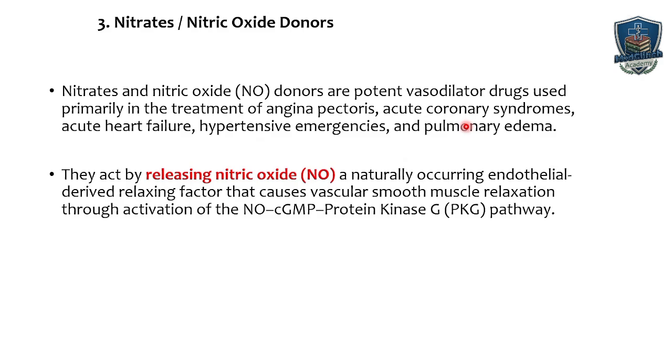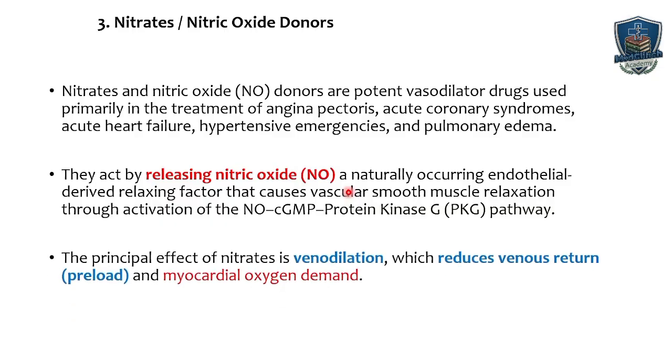They act by releasing nitric oxide, a naturally occurring endothelial derived relaxing factor that causes vascular smooth muscle relaxation through activation of this nitric oxide cGMP protein kinase G pathway, the pathway that leads to vasodilation. So in short, these drugs promote the nitric oxide pathway that leads to vasodilation.